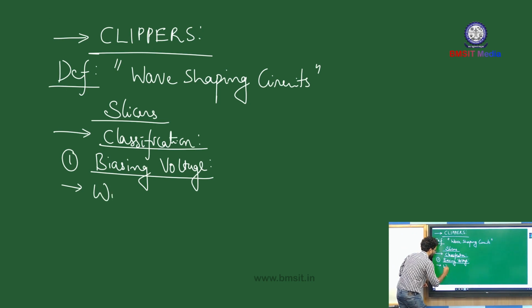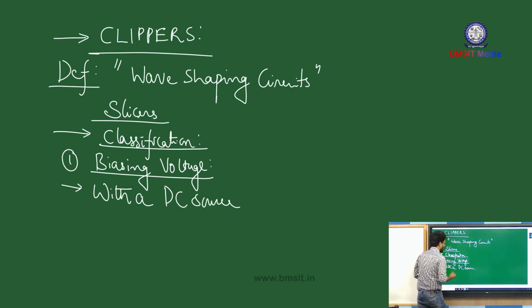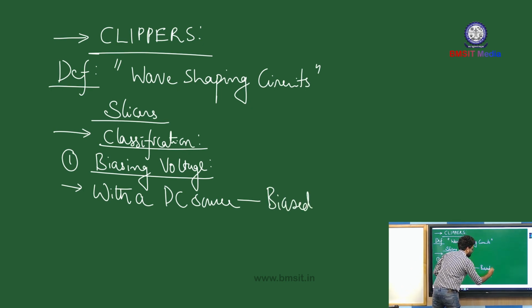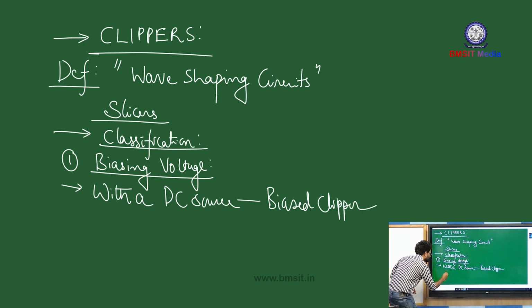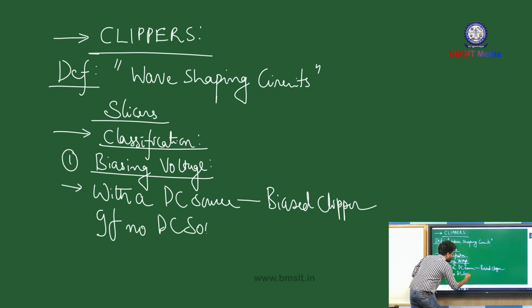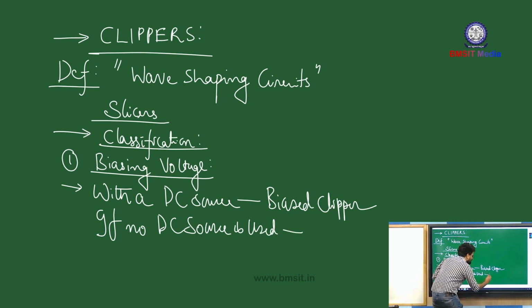So with a DC source in place, we are going to get a biased clipper. On the other hand, if no DC source is used, then we call it an unbiased clipper.